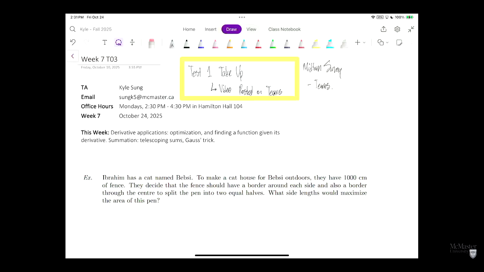Doing good? I'm very glad to hear that. So, everyone have a good reading week, a good happy Thanksgiving? Very nice. I'm so glad to hear that.